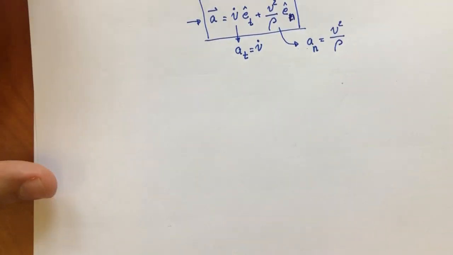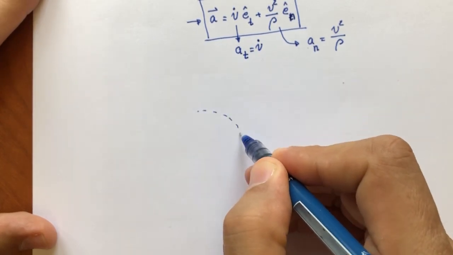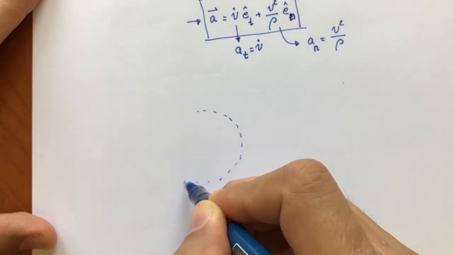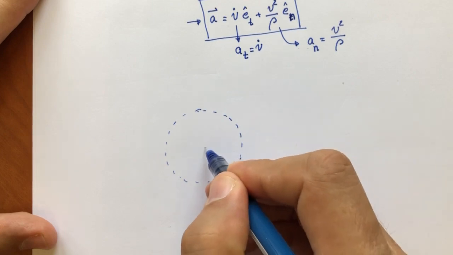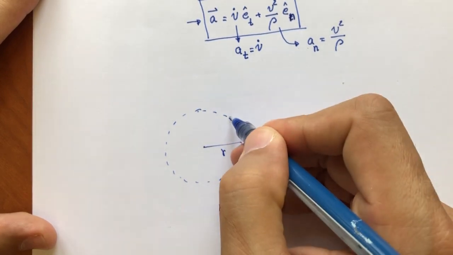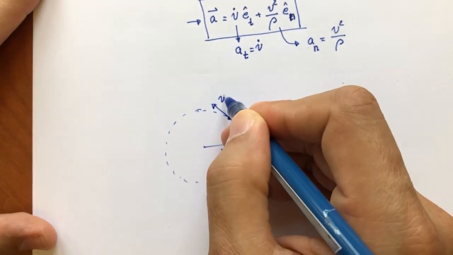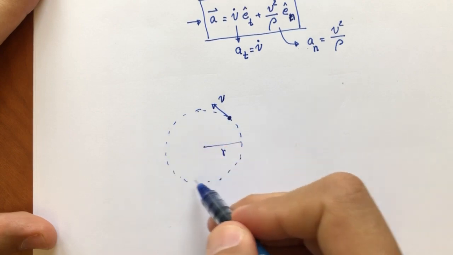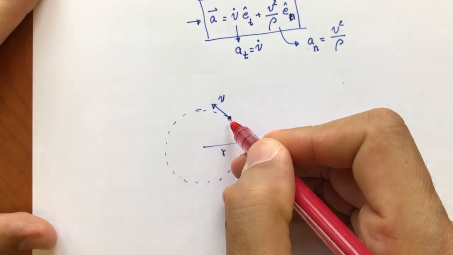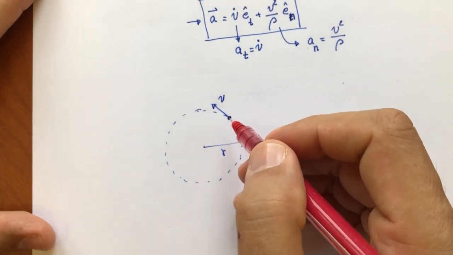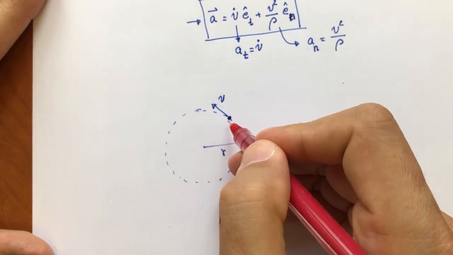For example, if you have a particle which is moving on a circle, which a lot of times we actually have this case in your book. Let's say we have this circle with the radius of r, and you have a particle which is moving here with the speed of v, and v can change, but all the time it is moving on this circle. At any time, this particle is going to have two accelerations, or in general we can say the acceleration of it has two components, in the tangential direction and also in the normal direction.